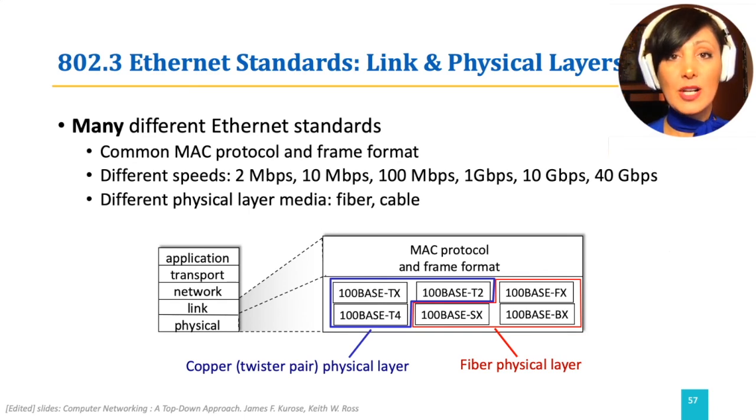The first part, for example 100, as we see in the figure, refers to the speed of the standard. Here it is 100 megabits per second. Base refers to baseband Ethernet, meaning the media carries Ethernet frames. And the last part of the acronym refers to the physical media. For example, T for twisted copper wire and F for fiber.